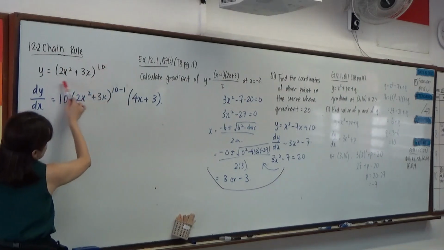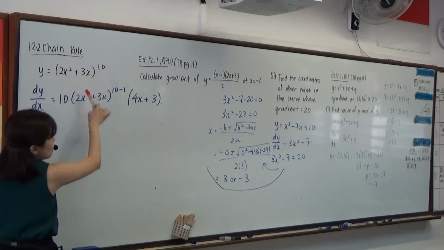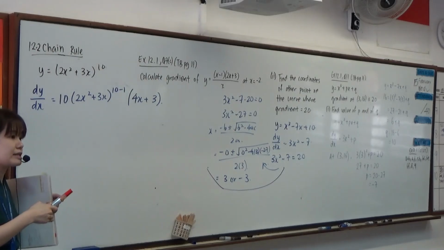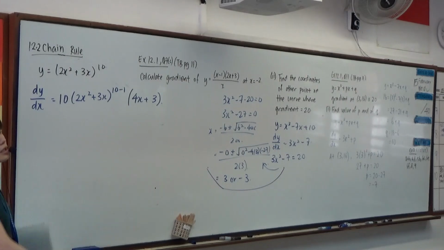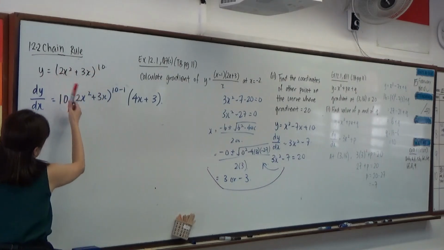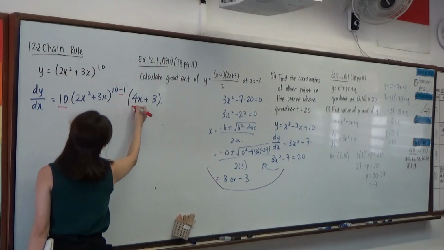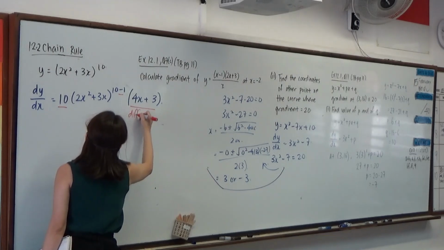So we look at the bigger picture, then we look into the smaller things inside the brackets. That's why it's called a chain rule, a chaining effect. So bring down the power, power minus 1, differentiate inside.